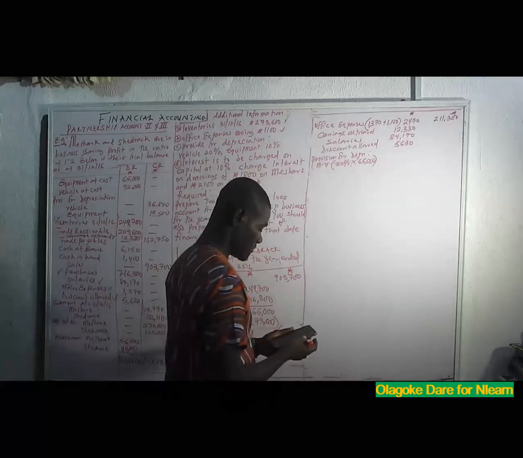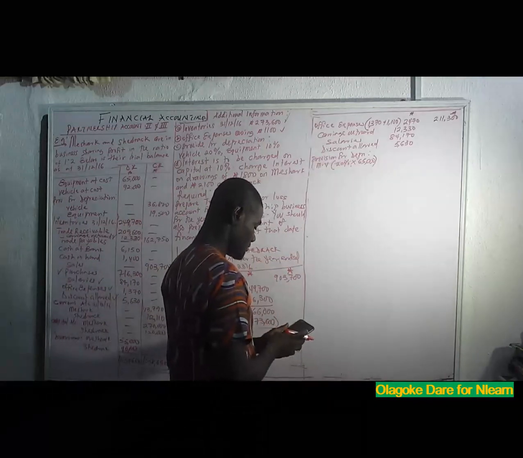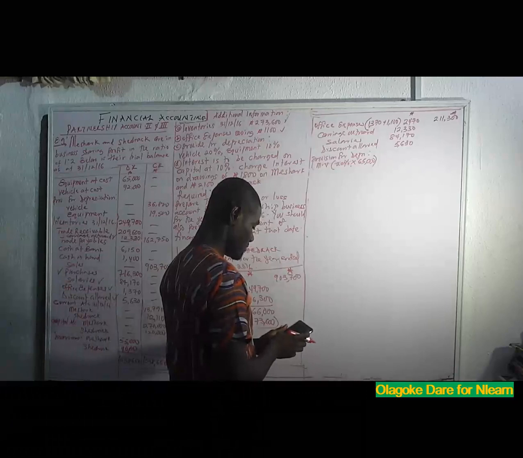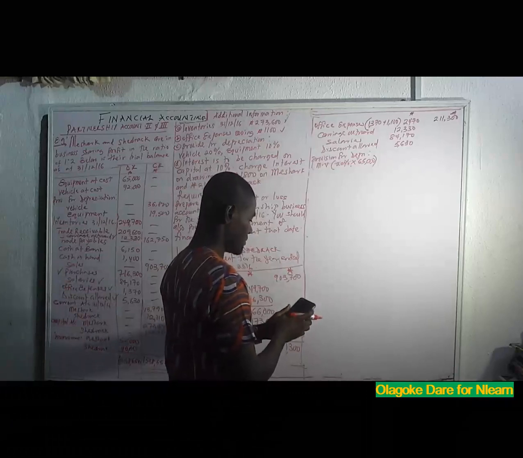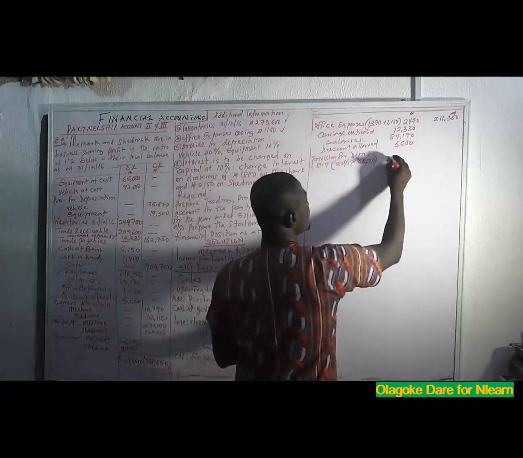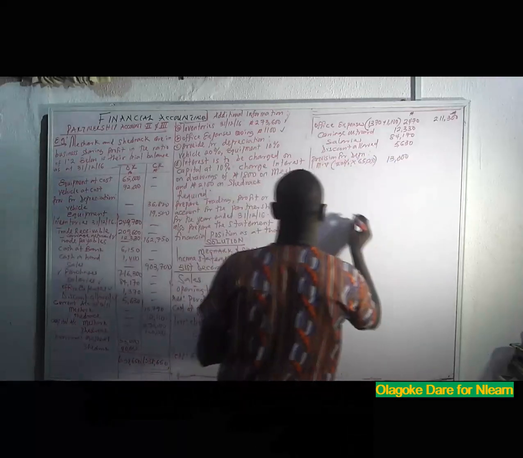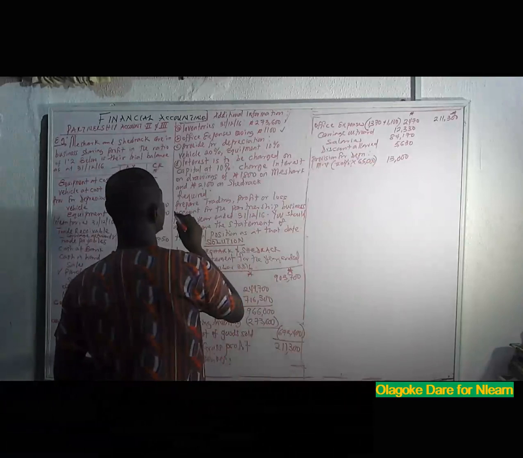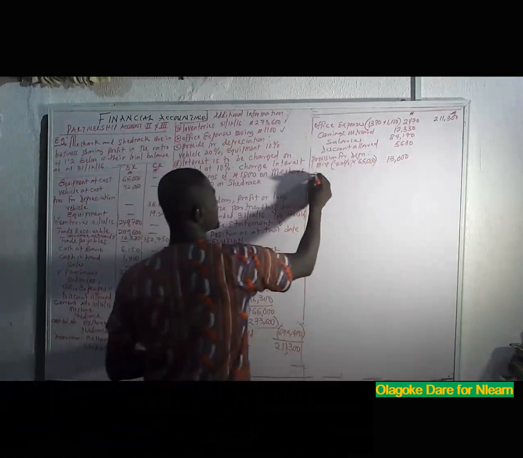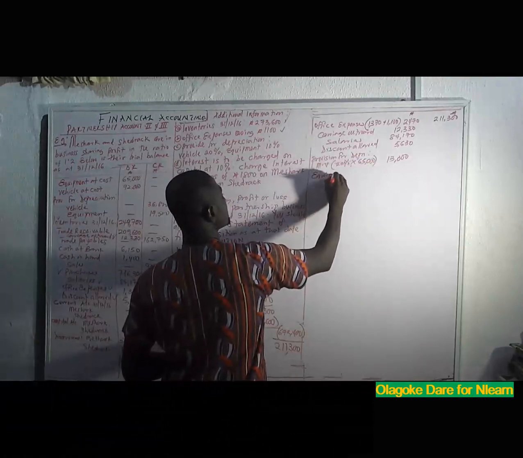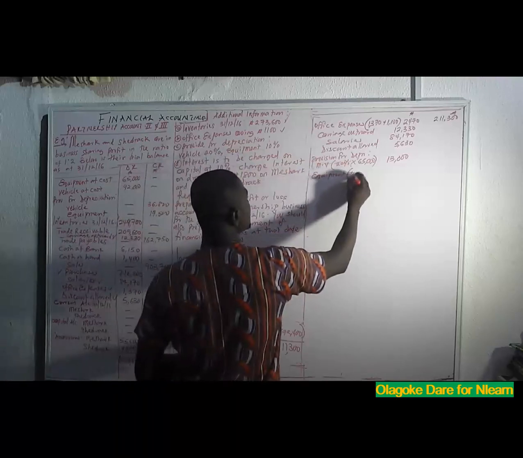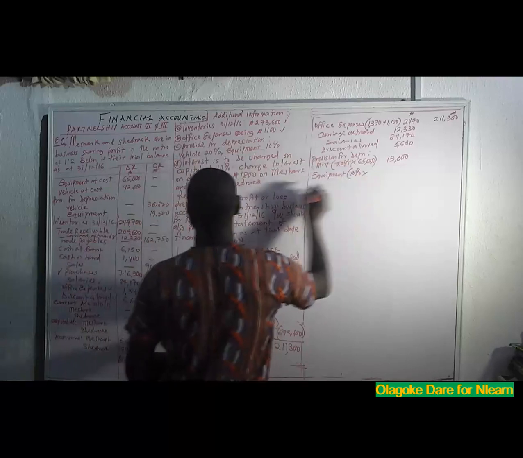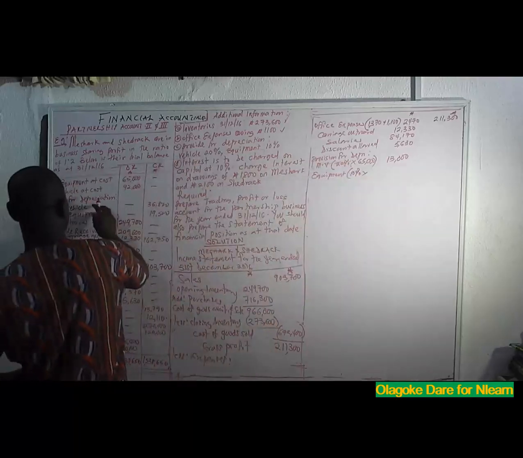So we have 13,000. Then the next is equipment. As you can see, equipment is 10% of the cost of equipment.